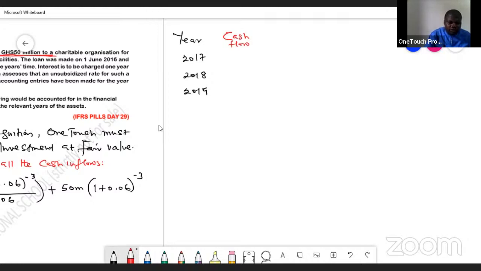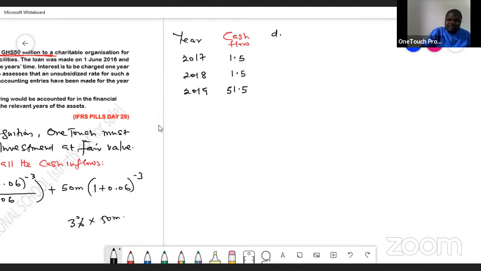We are going to have the 1.5 million, that is 3% of 50 million. So it will be 1.5 million, 1.5 million, 1.5. I remember in the last year, they will pay the 50 million too. So plus 50 million for the last year.